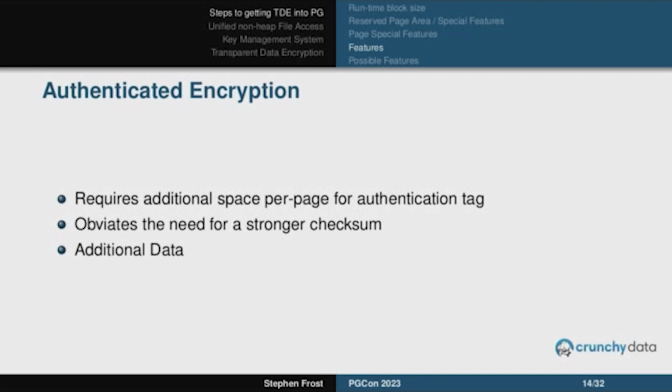What we'll typically use this for would be things like the rel file node. We'll put the block number in there, and it's just any other data that we want to include that gets hashed in with that authentication tag with the encryption key, that you can then use to verify that someone didn't move a block from one place to another or rename files on the file system underneath of you.